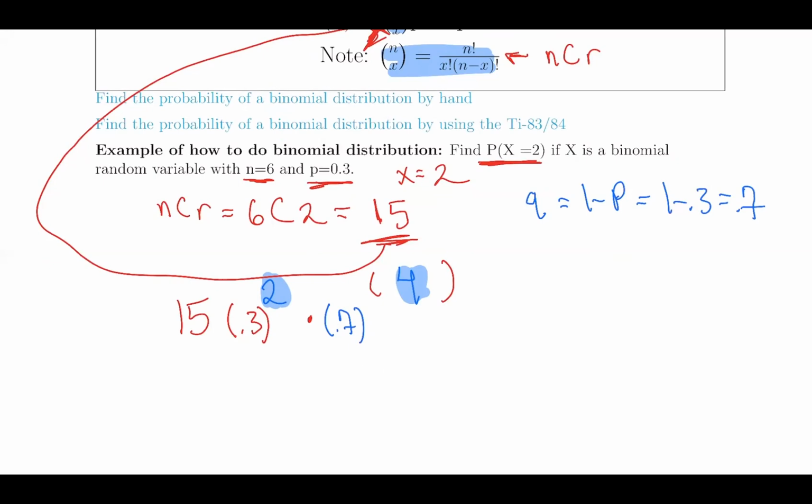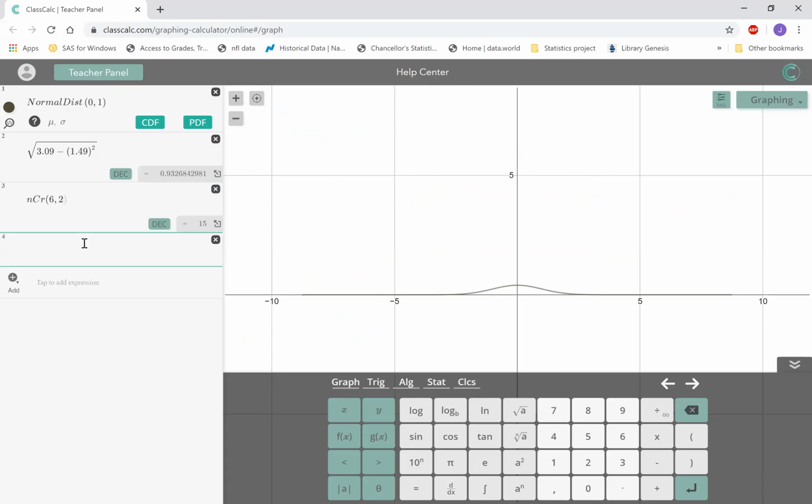All right, so if there's no question about that, I'm going to transition over to Class Calc, so you can see how I enter it into Class Calc. So we put 15 multiply by 0.3, and we'll do that to the second power. The second power in Class Calc will be this one.